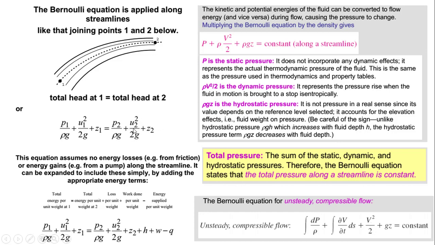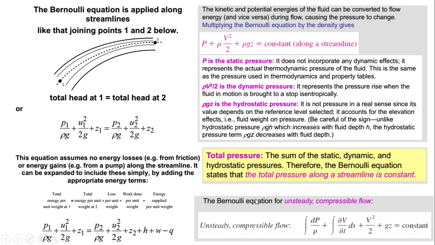If it was two-dimensional flow, we would look at U and V. But since we are looking at U1 and U2, this is still one-dimensional flow because it's still in the U direction, which is the X direction. Okay. So the total pressure that you are going to get is the summation of static plus dynamic plus hydrostatic pressure.